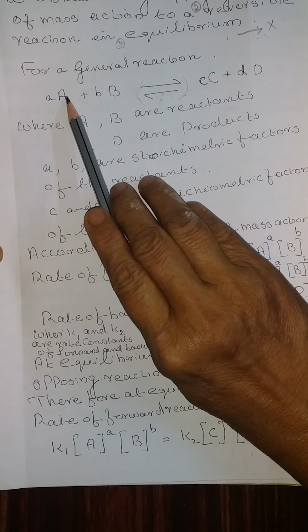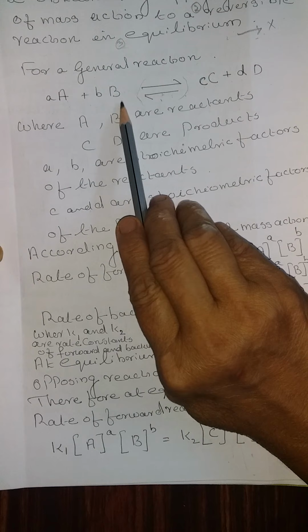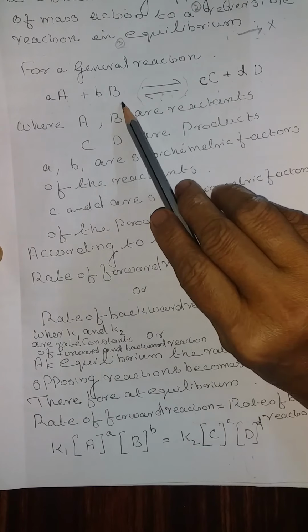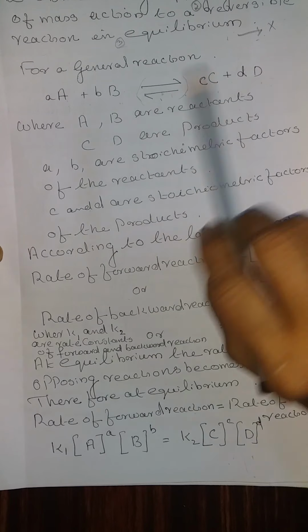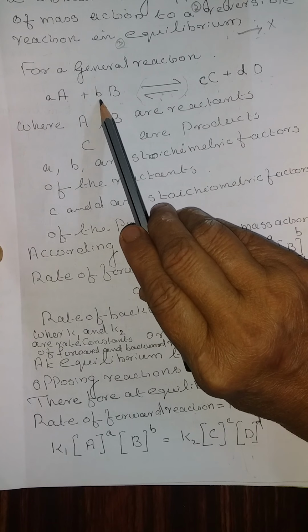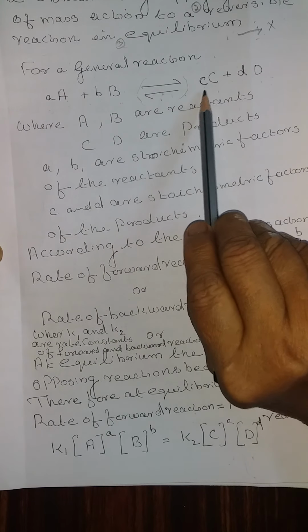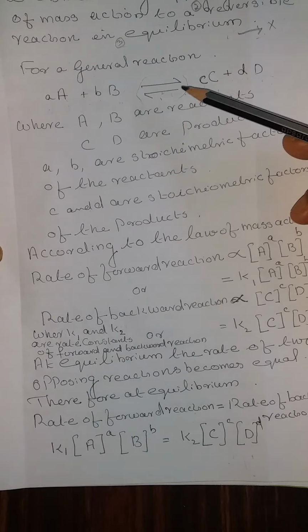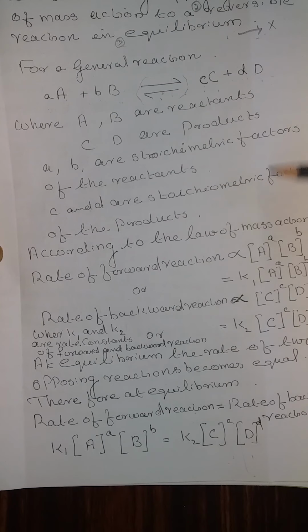In this, capital A, capital B, capital C, capital D are all reactants and products. Small a, small b, small c, small d are all stoichiometric factors of the reactants and the products.